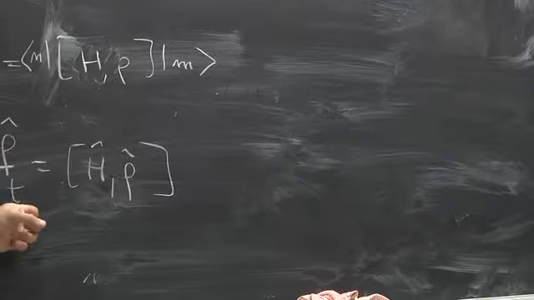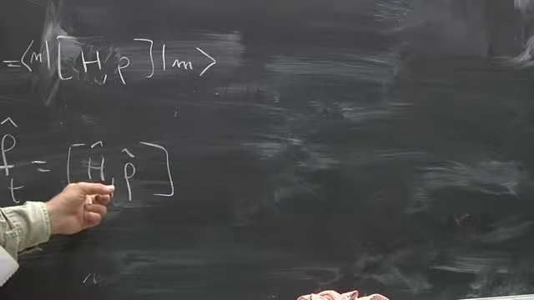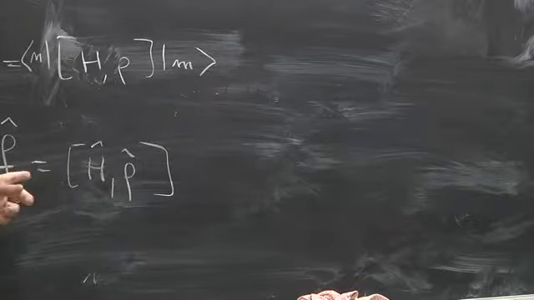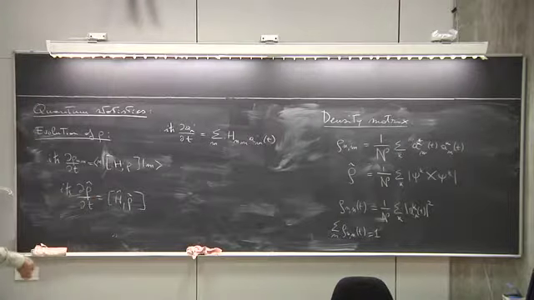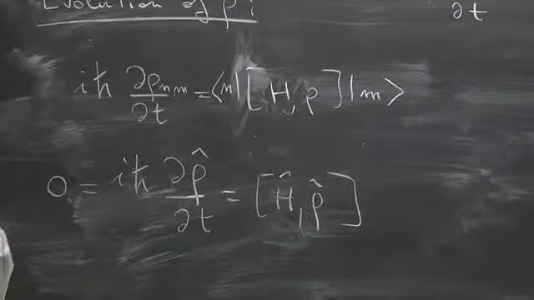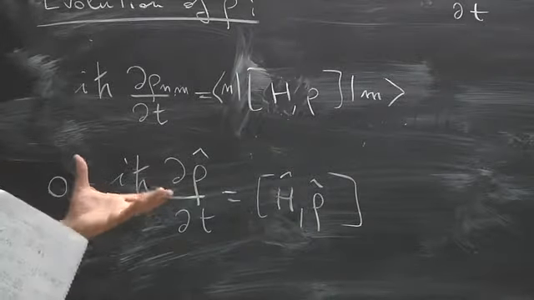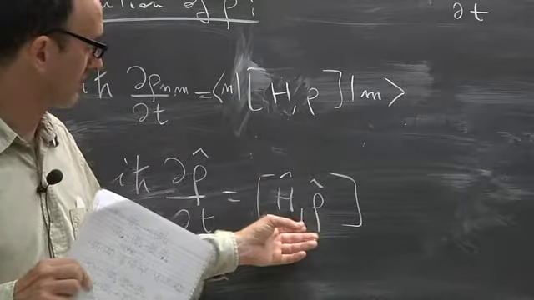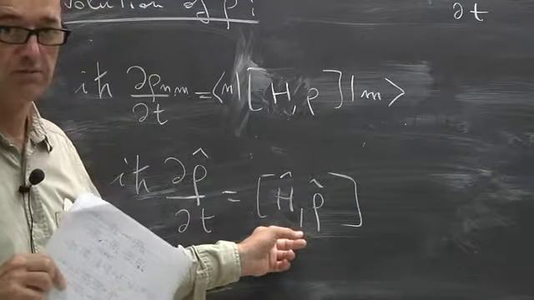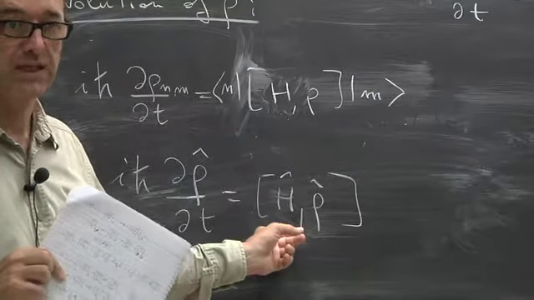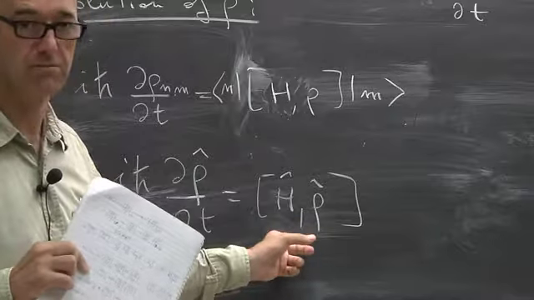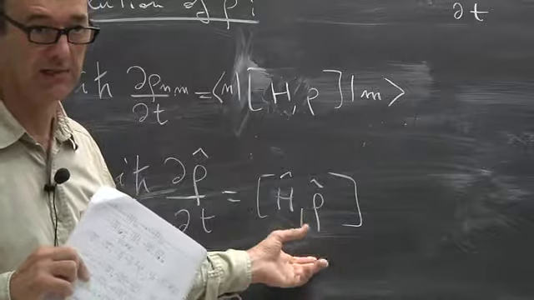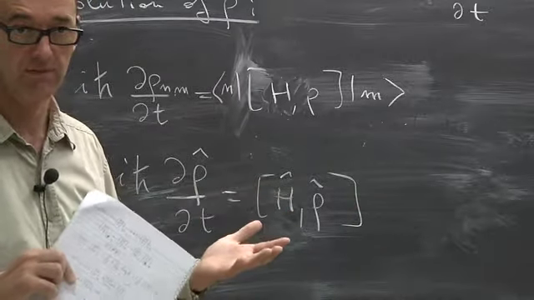So what this equation is telling you is that if you look at a stationary ensemble, so an equilibrium state, in an equilibrium state you must have that rho is a function of h. So the density matrix must be a function of h. And this is exactly the same statement as the Liouville theorem.